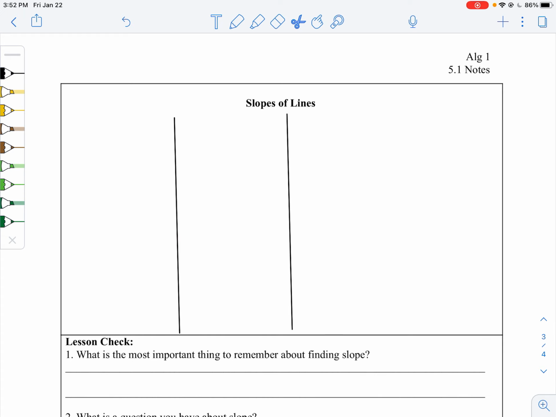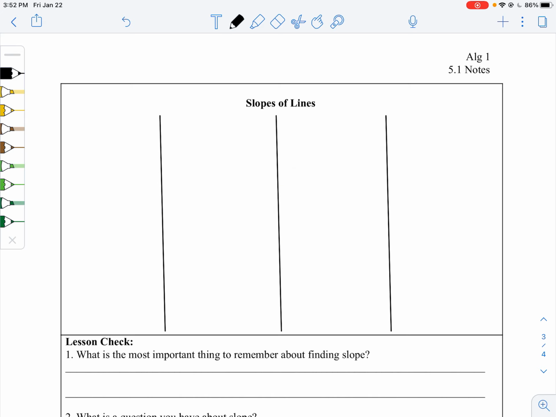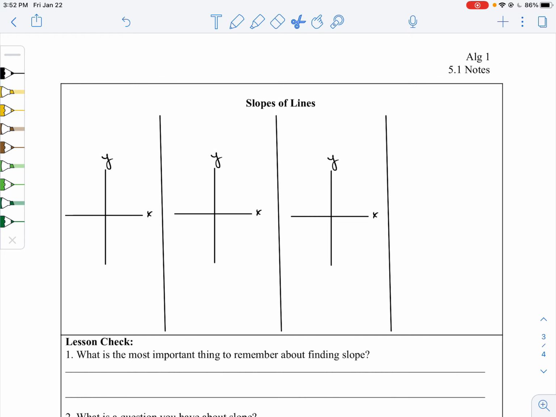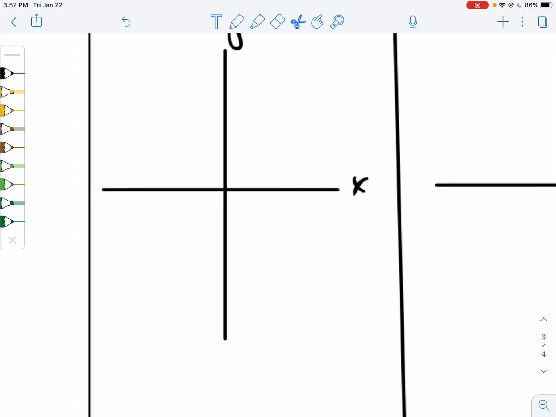Go ahead and divide your paper into 4 sections and draw a cute little graph in each of them. It will be super chill. So if you have an X and Y axis like that, go ahead and put that into each section of your graph right here. Amazing. Now let's say you have a line that goes up like this.